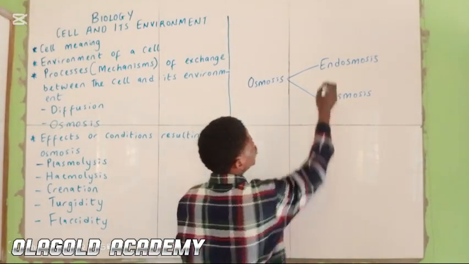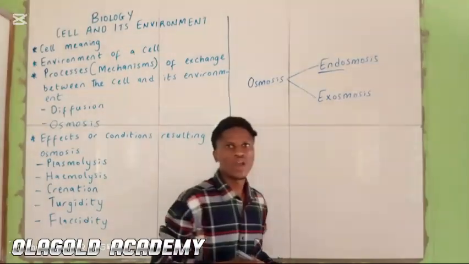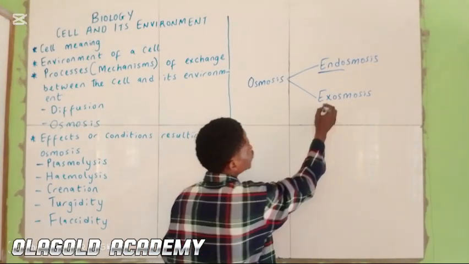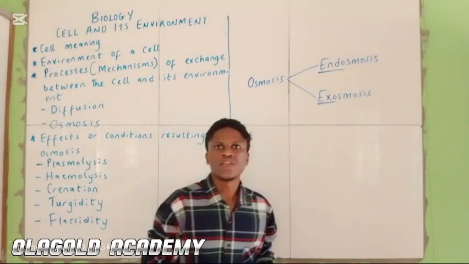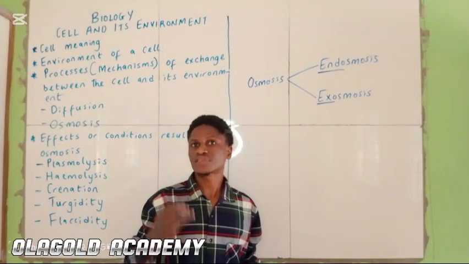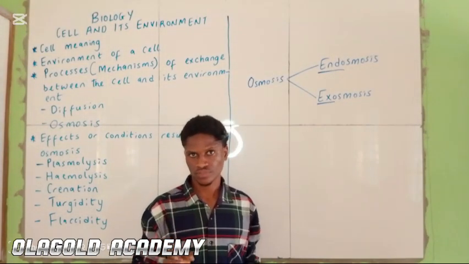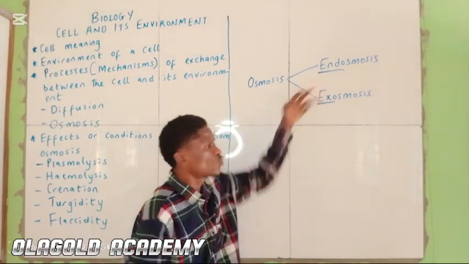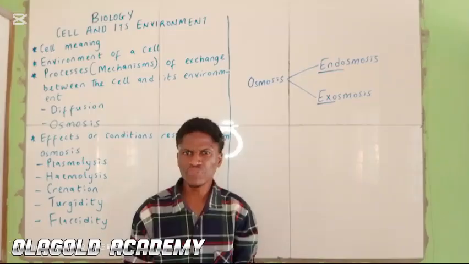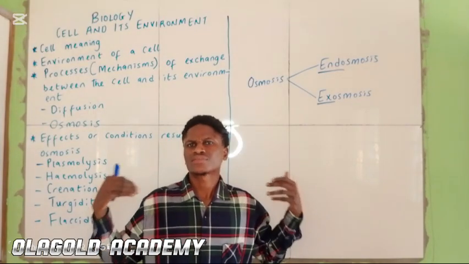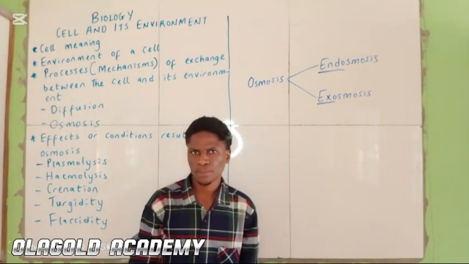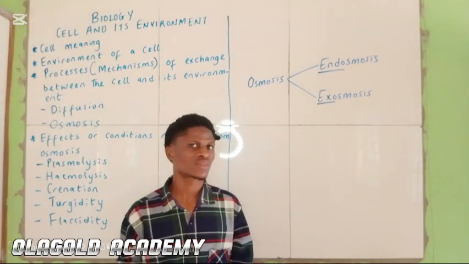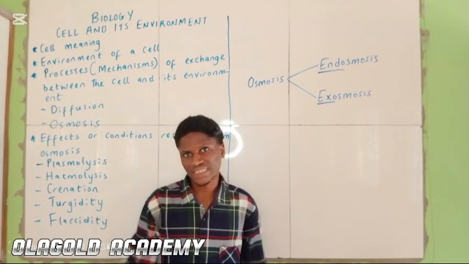Now, the word endo for a biology student is not a new thing. The word exo for a biology student and a chemistry student is not a new thing. Because in biology, we have what we call endoskeleton, meaning the skeleton that is found within the body. And we have mostly vertebrate animals that possess endoskeleton.